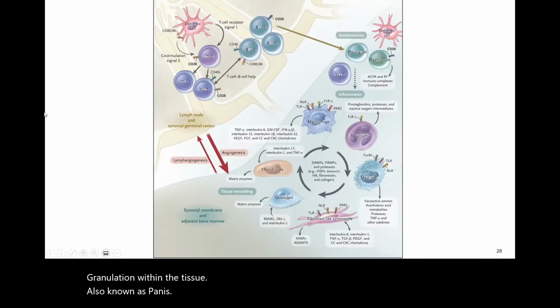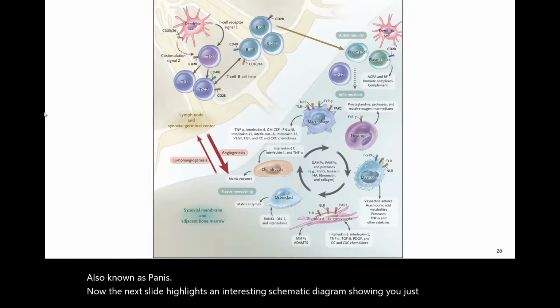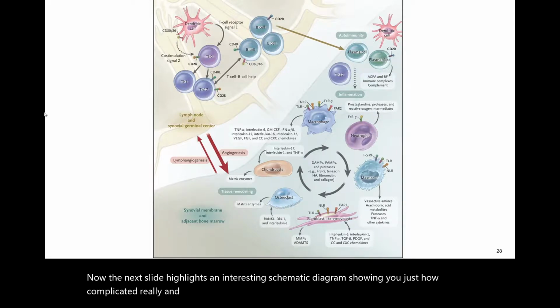Now, the next slide highlights an interesting schematic diagram showing you just how complicated, really, the pathogenesis of rheumatoid arthritis is. In the preceding lecture slide, we highlighted the role of many of your white blood cells.